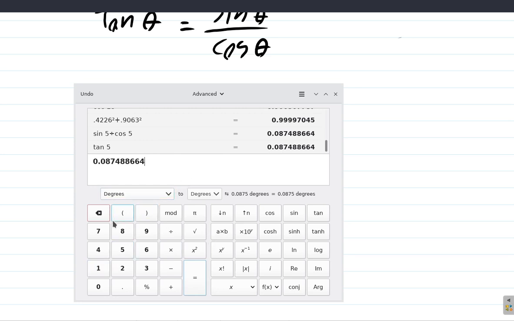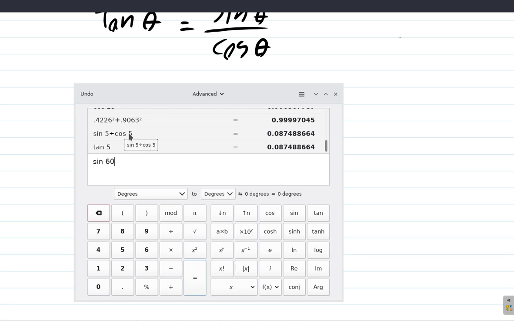Suppose we try it with the sine of 60, since we used 5 already. Alright. We don't want it to be that easy.